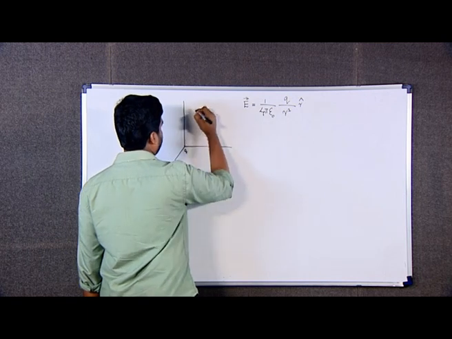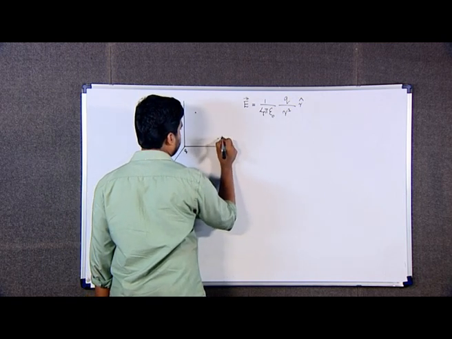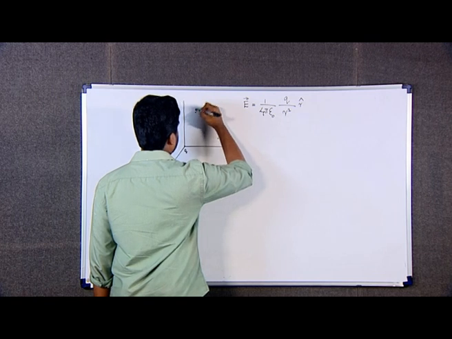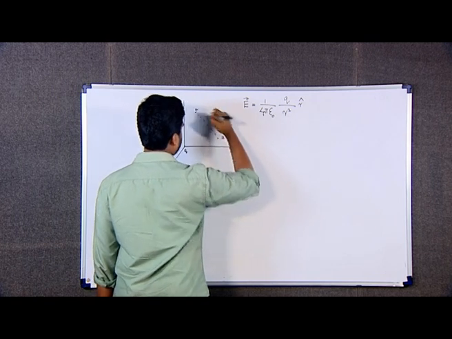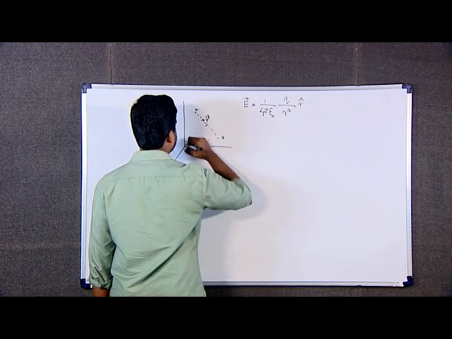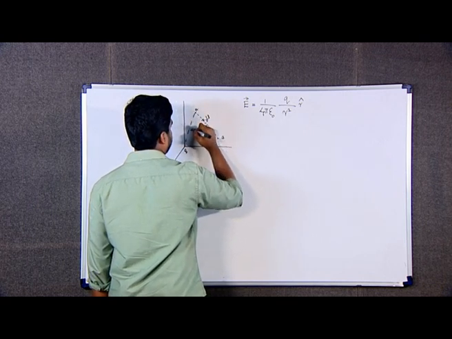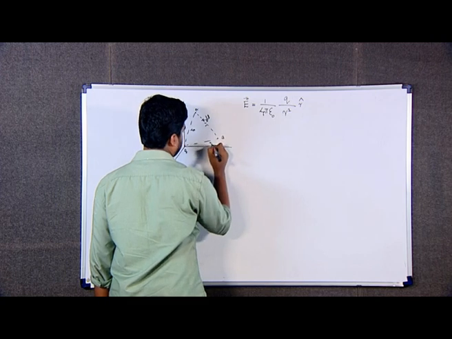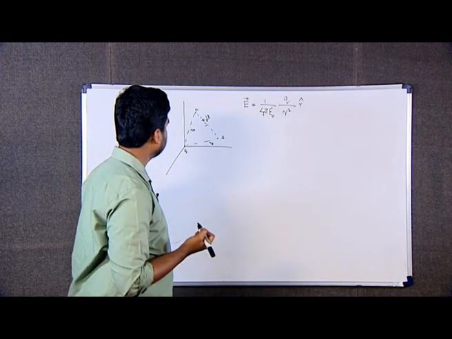And now I am moving from a point A to the point B. A plus 1 Coulomb charge is moving from the point A to the point B with a small displacement dl, and the position vector to the point A is RA and the position vector to the point B is RB.